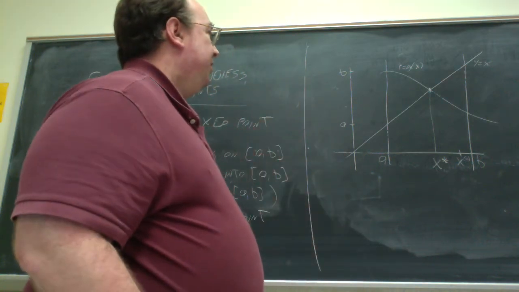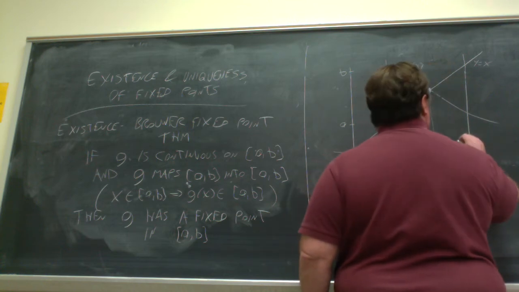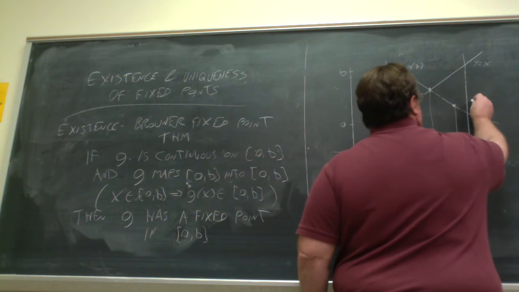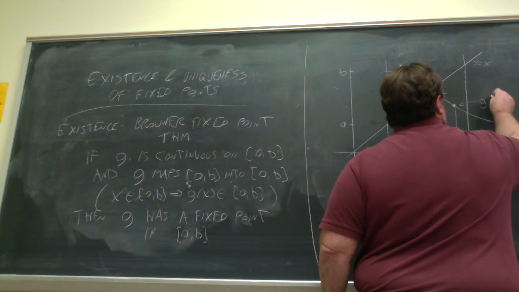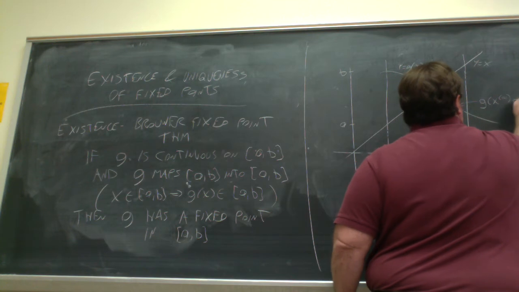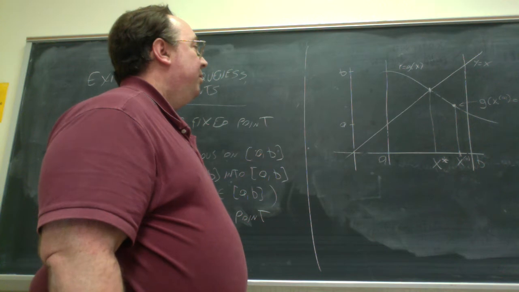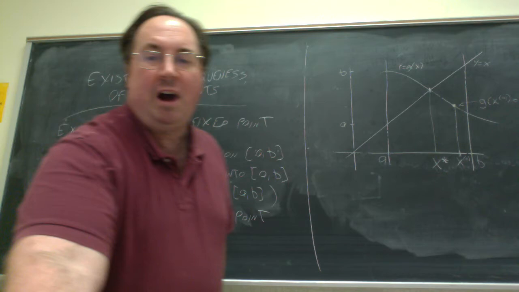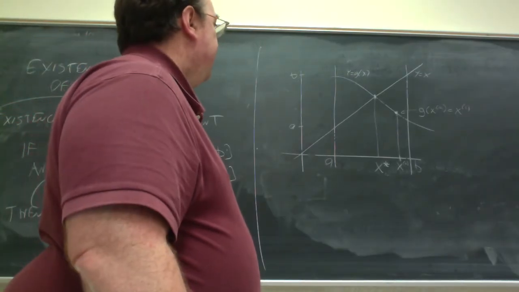So what happens is, I take this x value, and I go up to the graph. So this right here is g of x naught, which is equal to x1. So here I have x1, my new guess, but it's a y value when I really want it to be an x value.